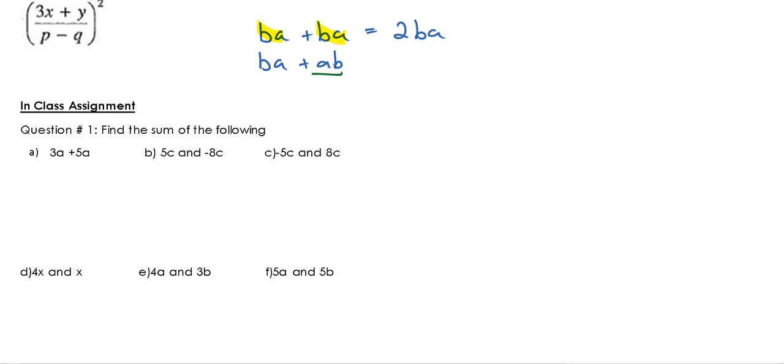Because in mathematics, if you have 2 times 4, that's the same thing as 4 times 2, right? So these guys and these guys are the same thing, so that's still going to be 2BA or 2 times AB. Okay, so you got to be careful with those because this will come up quite often in this assignment here.